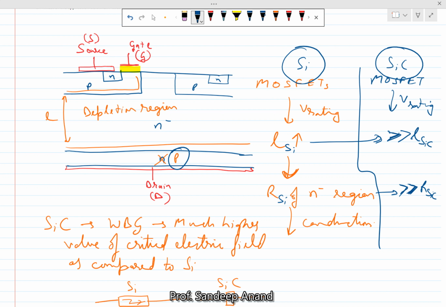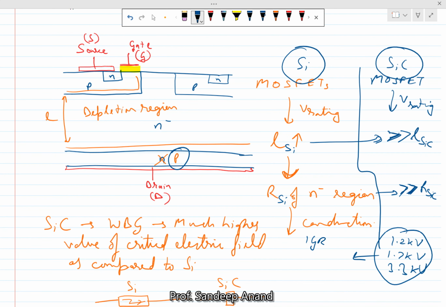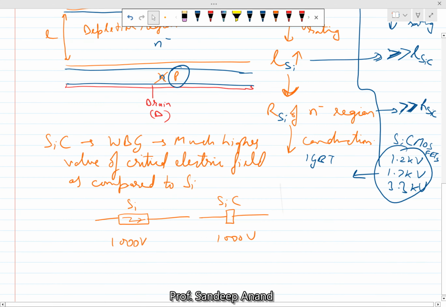And that is the reason you see silicon carbide MOSFETs available at 1.2 kV, 1.7 kV, even 3.3 kV. On the other hand, this is the region in conventional silicon that was predominantly occupied by IGBTs and not by MOSFETs. So that is why you see both.